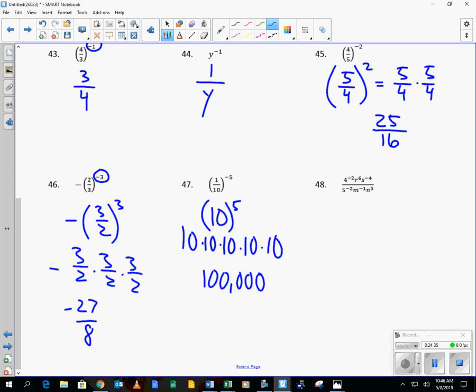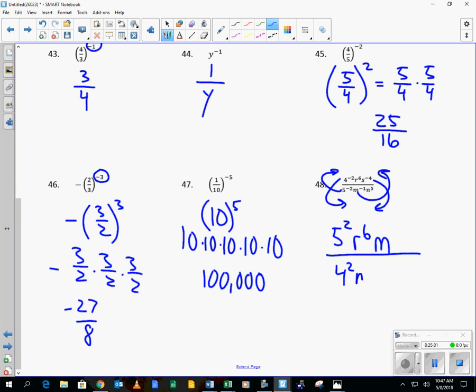And finally, for the last problem, I see a bunch of negative exponents. The m to the negative 1 moves up, s to the negative 4 moves down, 5 to the negative 2 moves up, 4 to the negative 2 moves down. I'm left with 5 squared over 4 squared. R to the 6 stays up there, and m comes up and joins it.